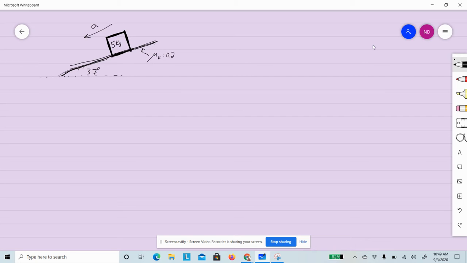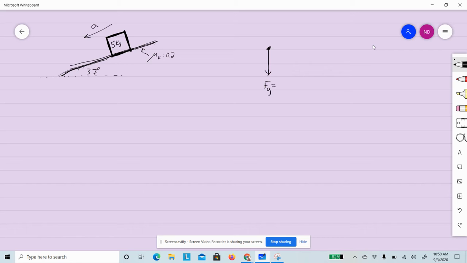So that's what we know. It's moving down the ramp, inclined at 37 degrees. First things first, always do this. First is draw the free body diagram. What forces are acting on it? Well, gravity pulls it down, always straight down.